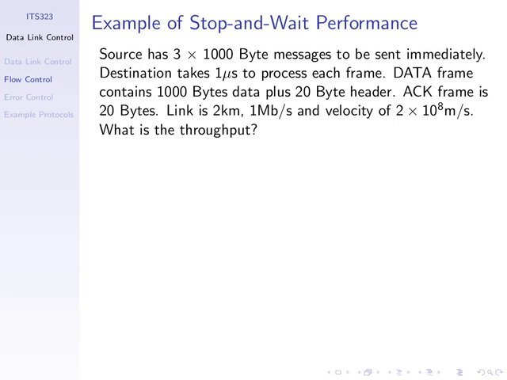What we have on the board over here is our normal formula for transmission delay. I have a frame of some size. How long does it take to transmit out of my computer? Transmission delay, or the transmission time of that frame, is simply the size of the frame divided by the speed at which I transmit the frame.